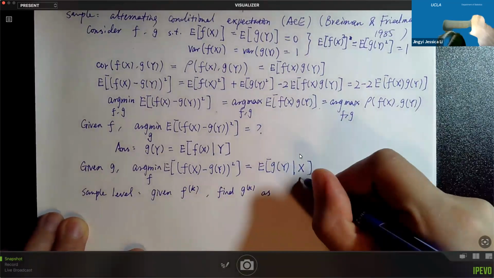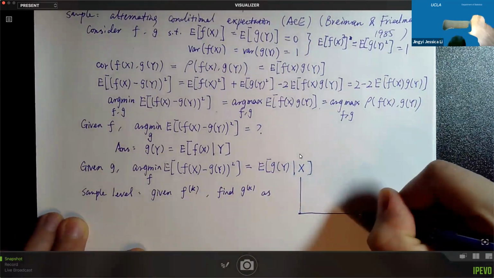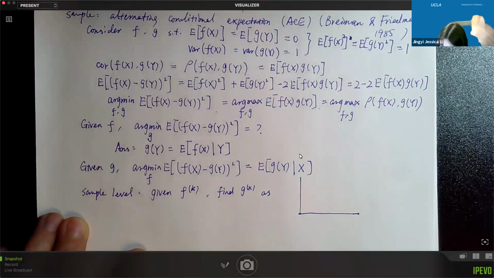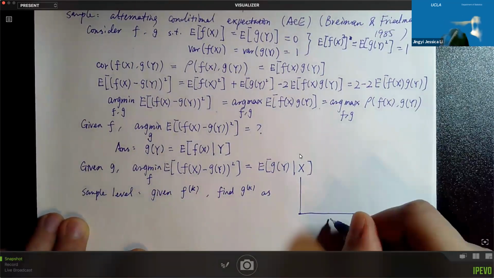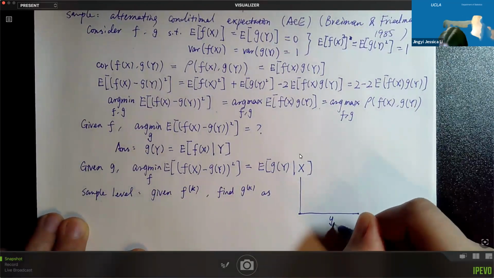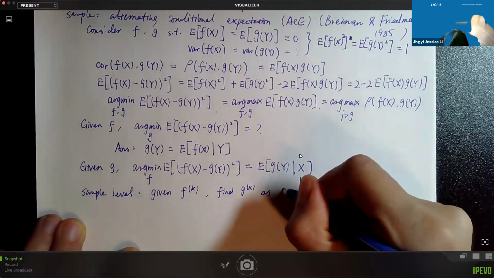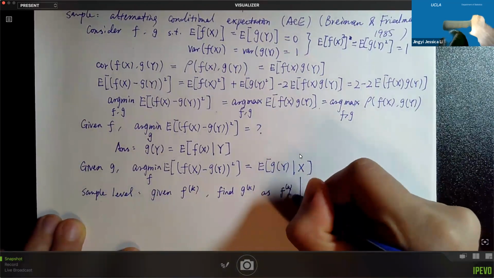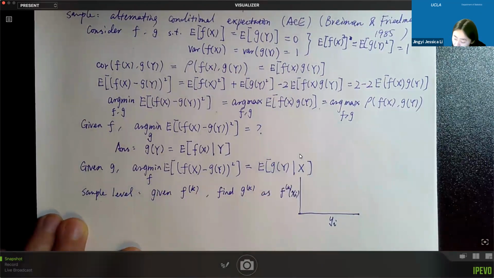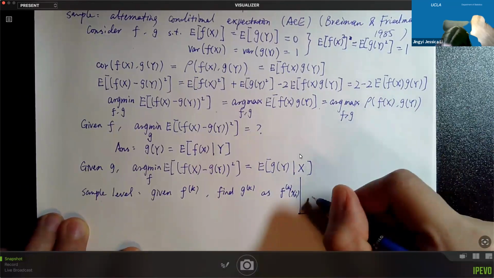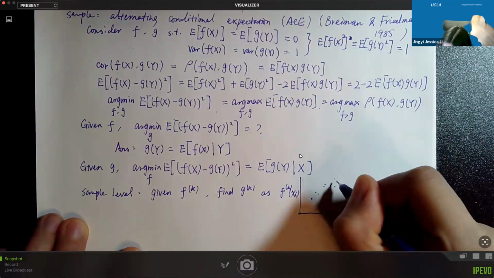Your target is to make your y very close to x. So let's say these are the y_i's, and these are the f_k(x_i)'s. You apply the transformation to your x_1 to x_n, you plot them on the y-axis, and you plot your original y_i on the x-axis. Let's say your data points now look like this.